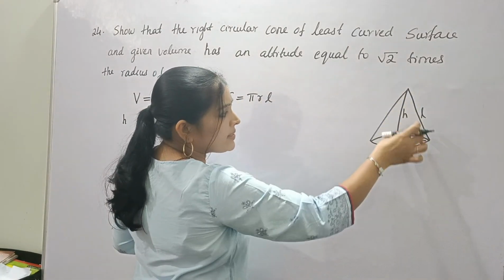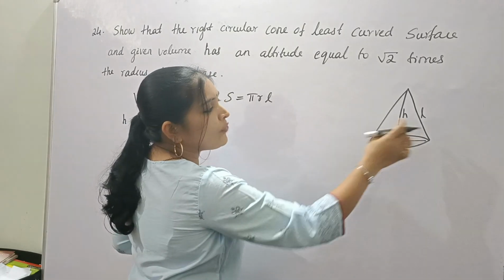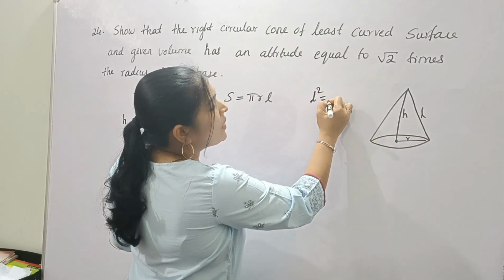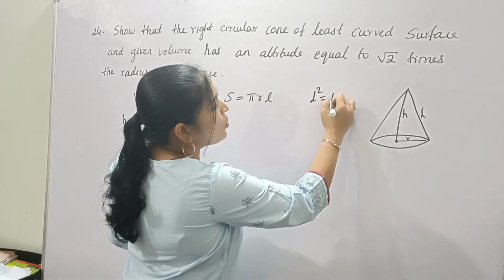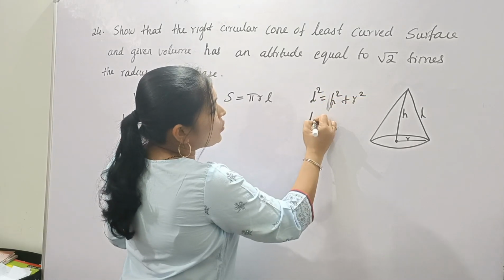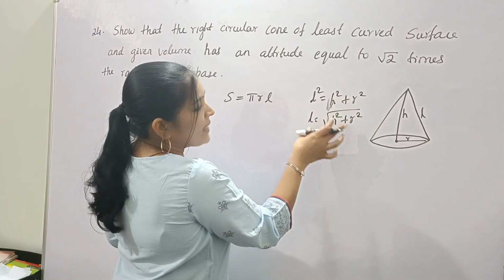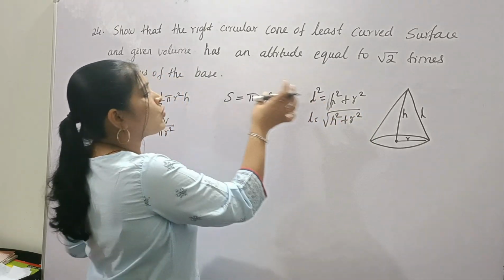Here we can write, see, it is a right angle triangle. So by the Pythagoras theorem we can write l² is equal to h² plus r². So l is equal to root of h² plus r². So let's substitute this l is equal to root of h² plus r² here.